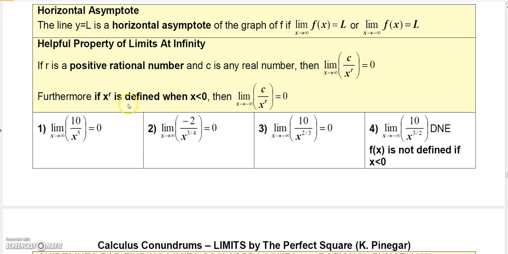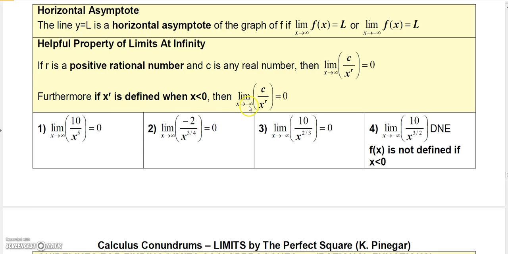So the limit of 10 over x to the 5th as x goes to infinity is 0. The limit of negative 2 over x to the 3/4 as x goes to infinity is also 0. The exponents just need to be any positive rational number.